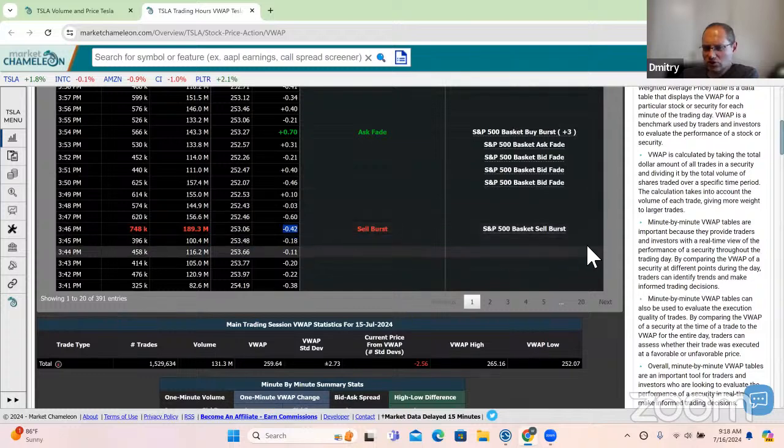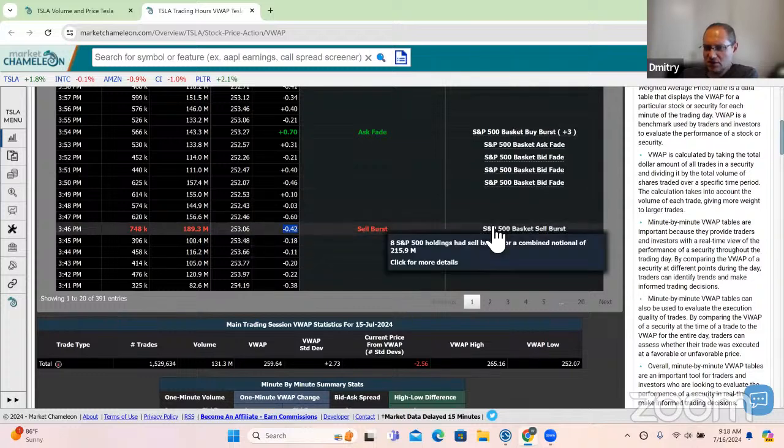So there was one thing we did detect here, that in the S&P 500 there were other bursts at nearly the same time. When we hover over, and remember Tesla's in the S&P 500 as well, we saw 8 stocks in the S&P 500 that experienced all similar sell volume bursts for a total of $215 million.